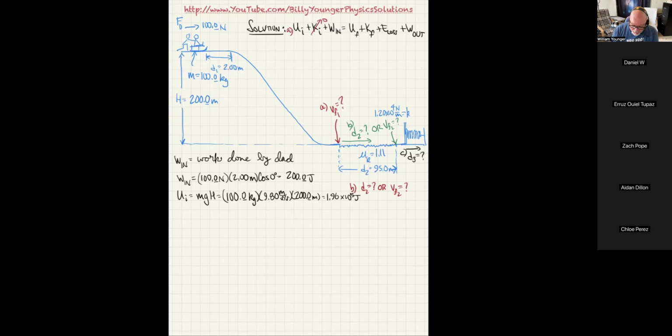But the only terms I would have there are just work in on the left side and K final on the right side. So I've put K initial equals 0 here because I'm thinking of it the instant the father starts to push him. I'm counting work in as what the father did. So that's why I went ahead and calculated that.